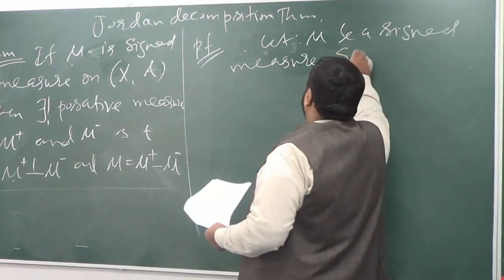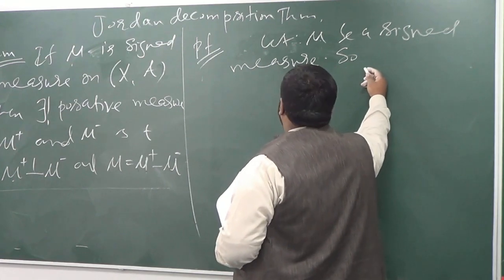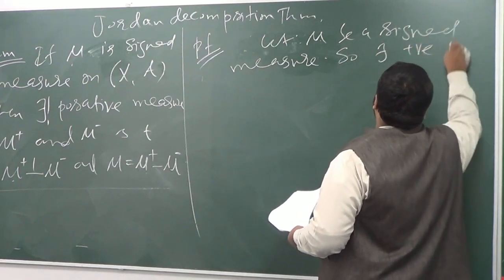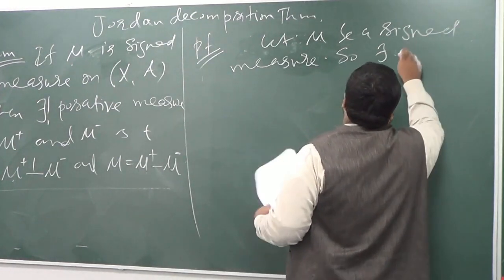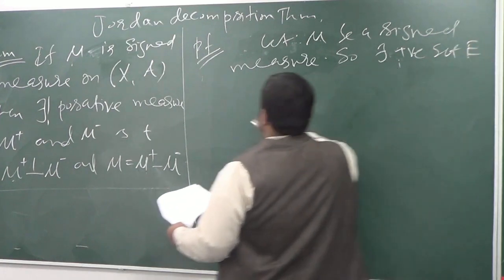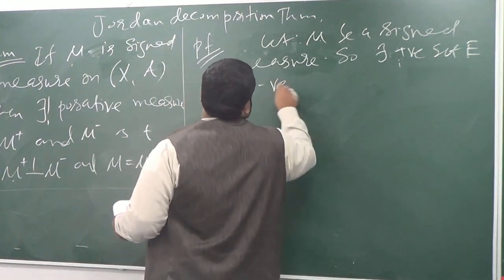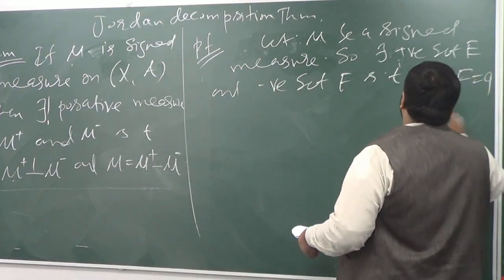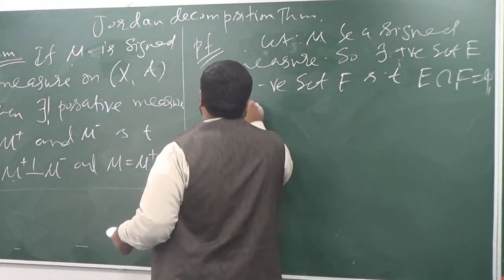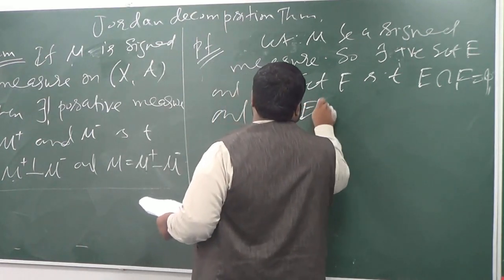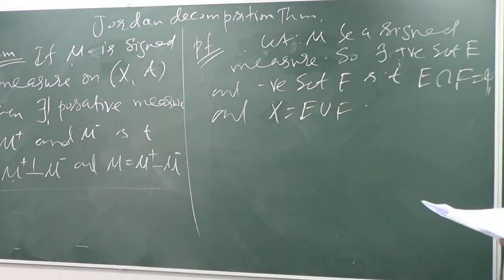From the Hahn decomposition theorem, there exist a positive set E and a negative set F such that they have nothing in common and the union of both of them is X.